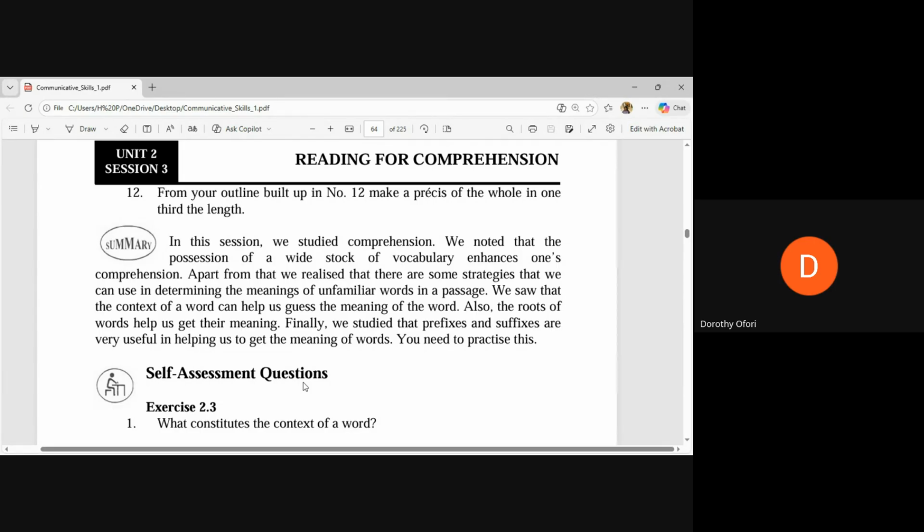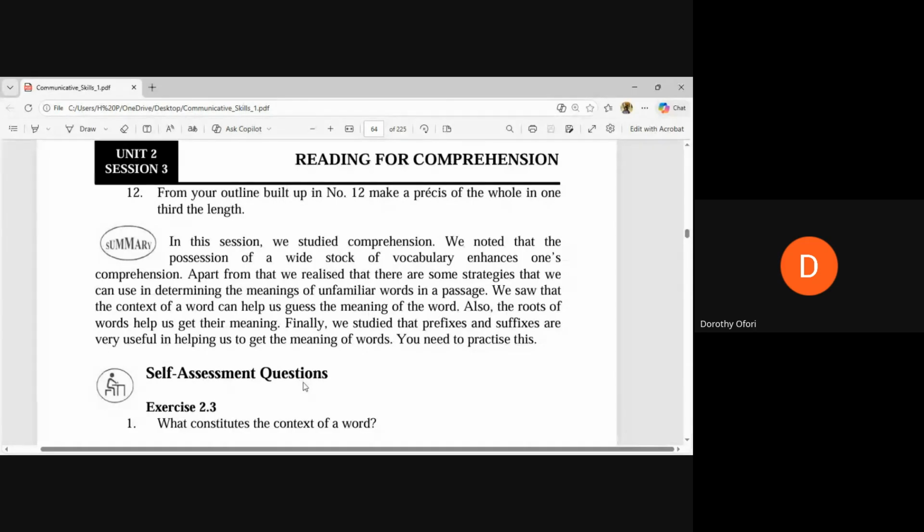Then also, to understand the meaning of a word, we can break it into parts, looking at those words from other languages, the Latin, the Greek, to look at the meaning.